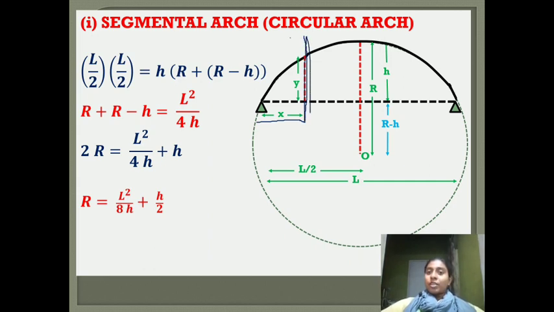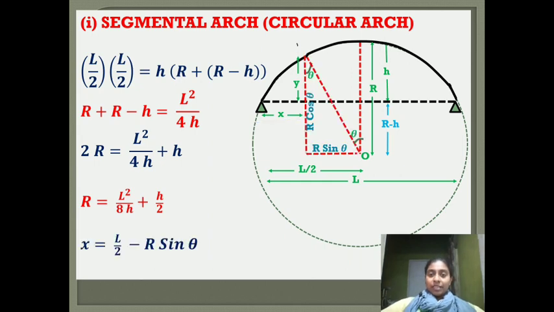So, the point of section in the arch can be taken as D. If D is the section, from the left support the x coordinate is x, and the y distance, that is the vertical distance of the arch from the span, is y. So you can see the distances x and y. Now our aim is to find the distances x and y.